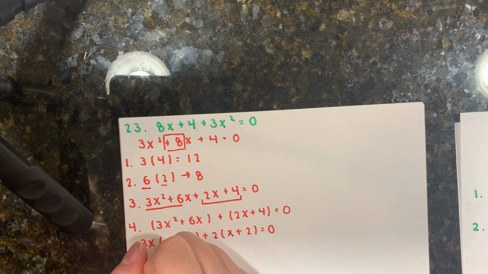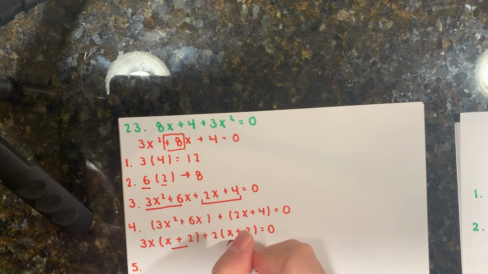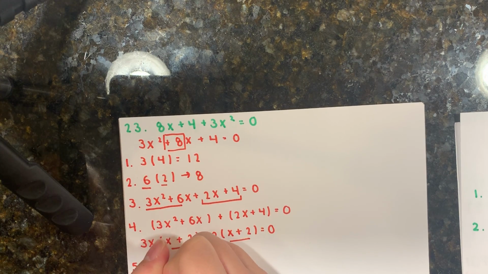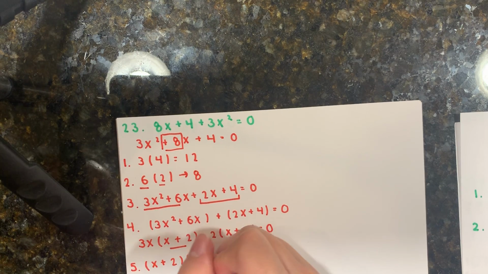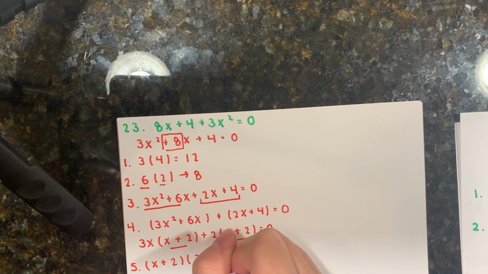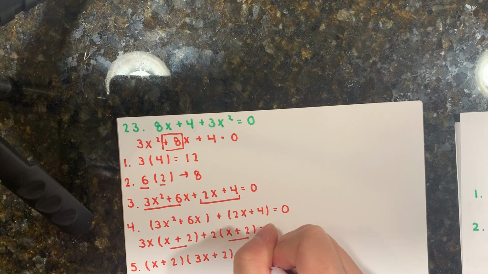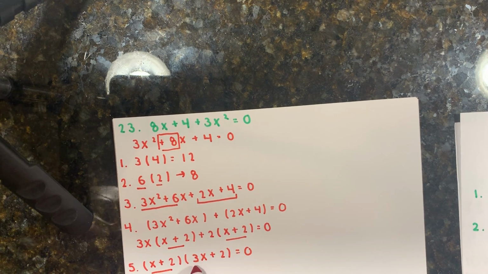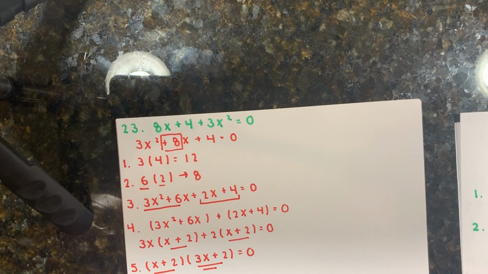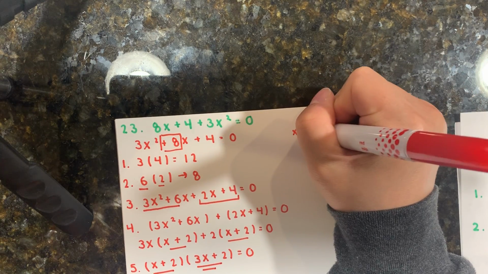So now for step 5, I take out the common parenthesis, which is the x plus 2, and then make a parenthesis with what is left, which is the 3x plus 2. But you're asked to solve, so now I have to set this parenthesis equal to 0 and this parenthesis equal to 0.